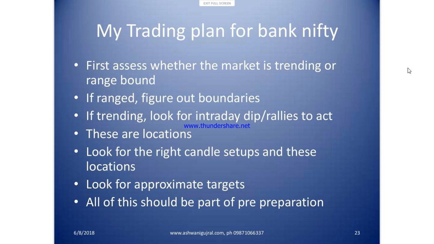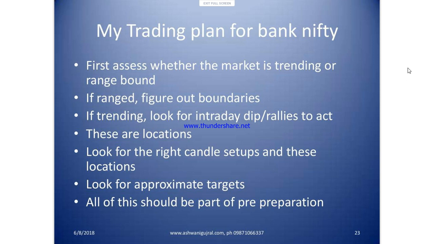So first you assess whether the market is range bound or sideways, or trending. Why is that important? That is important so that I am ready to either fade the boundaries, which means at the previous day low we are buying, and at the previous day high we are selling.